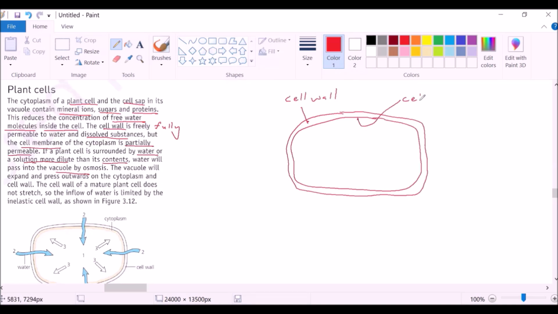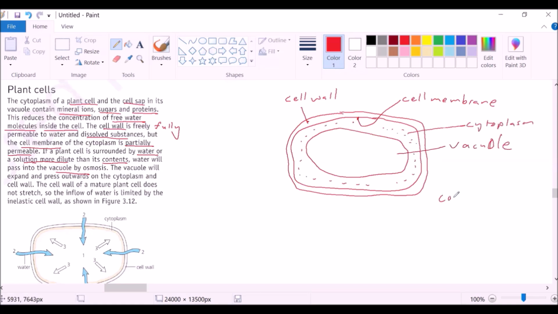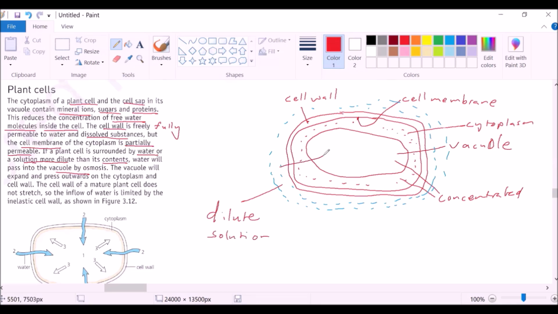And we have a cell membrane here, which is selectively or partially permeable. And we have our vacuole there, our cytoplasm being concentrated, and a solution outside the cell that is dilute. Water will move into the cell by osmosis.